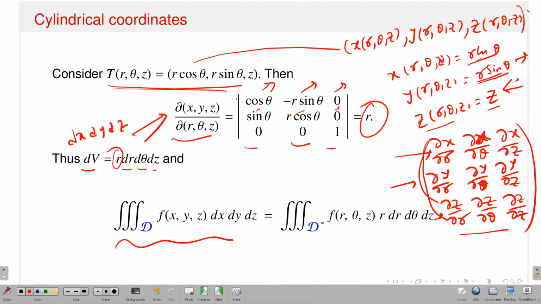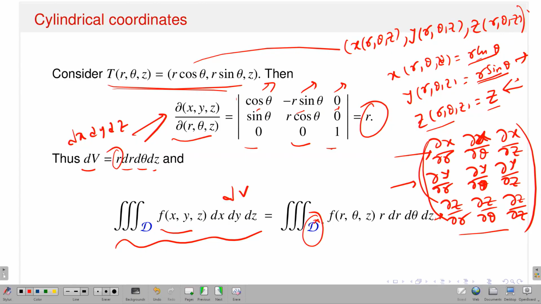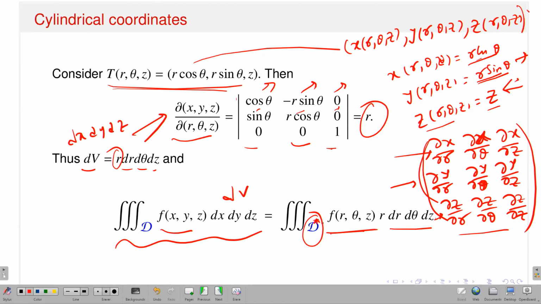So the corresponding triple integral, or Riemann-Darboux integral, with respect to the Cartesian coordinate system, changes to, of course you have to be careful, the corresponding domain will change because I am in a different coordinate system, that is r, theta, z, that means the domain will change, and at the same time the integrand will change. You will have dr d theta dz as it is, and the extra factor r is coming because of this Jacobian business. Okay. So this is the corresponding change of variable from the Cartesian coordinate system to the cylindrical coordinate system.